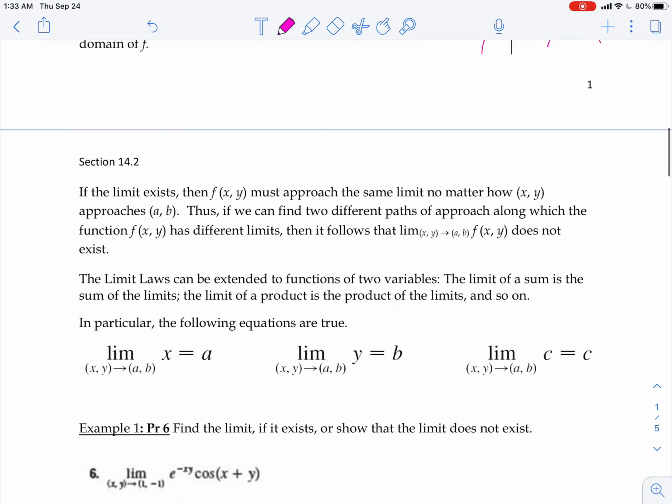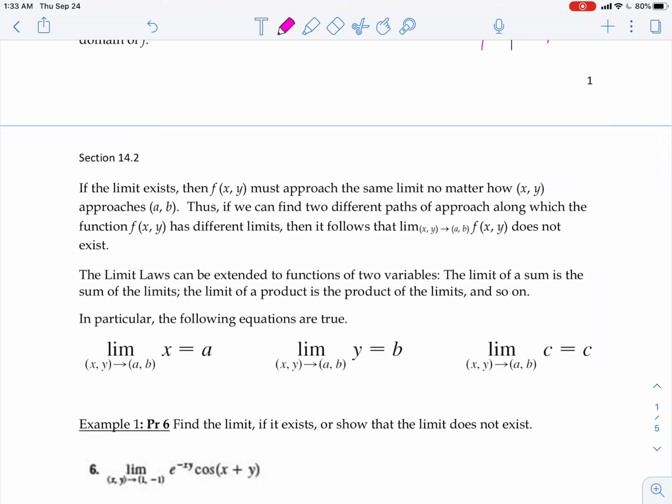So I'm going to go ahead and show you if a limit exists or not. And I will say that it is much easier to prove that a limit does not exist with two independent variables than it is to show that a limit does exist.